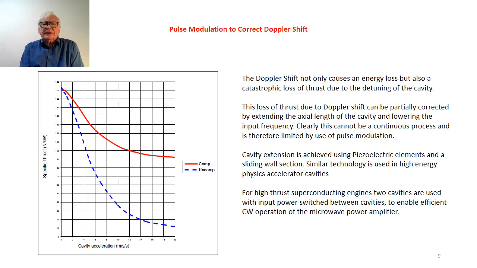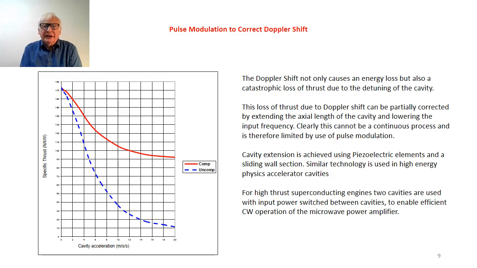In practice, for EmDrive engines using high Q cavities, which require significant acceleration, we actually use two cavities, and the power is switched between cavities.